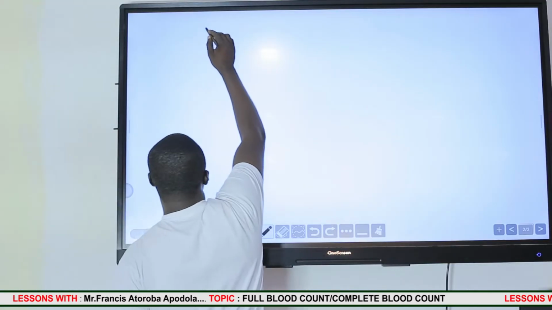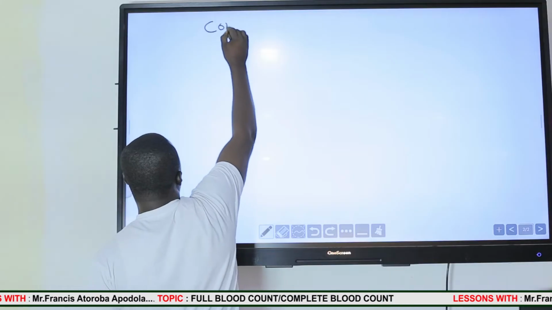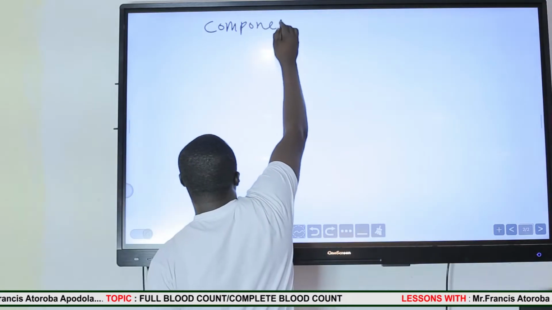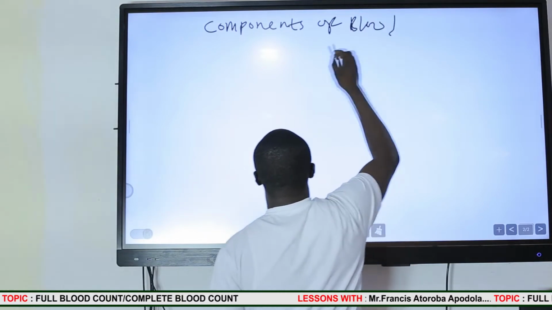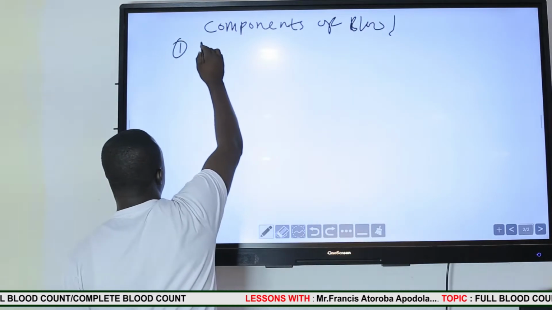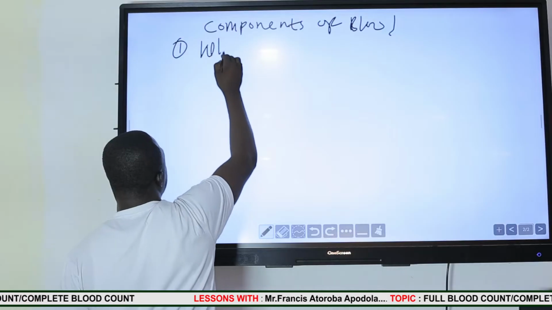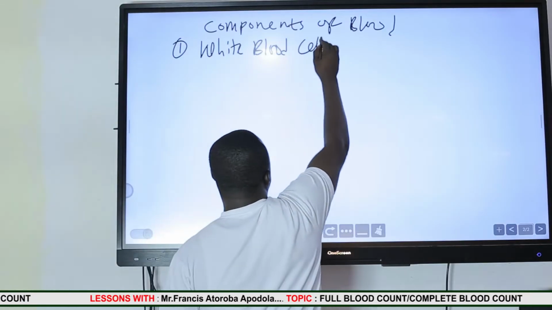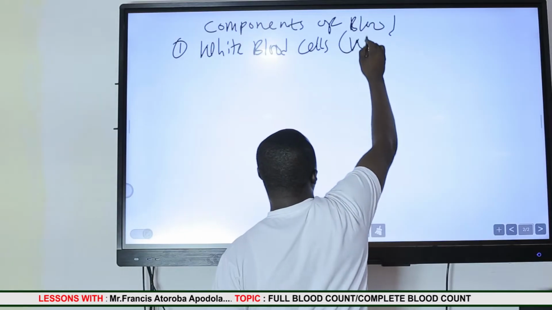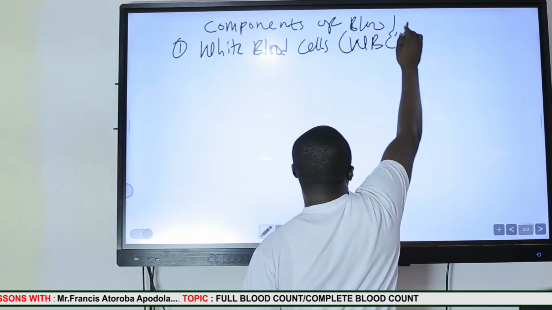Basically, when we talk about the components of blood, blood is composed of white blood cells, which are known as WBCs.